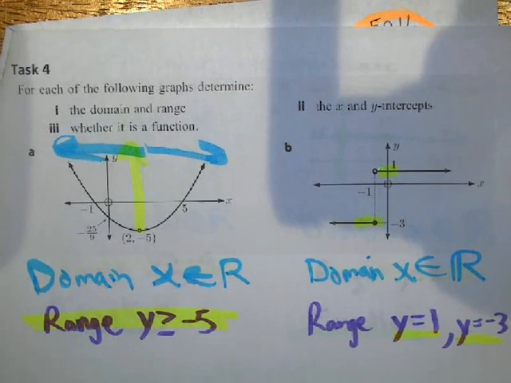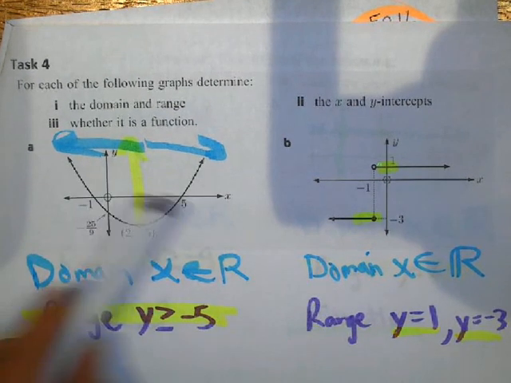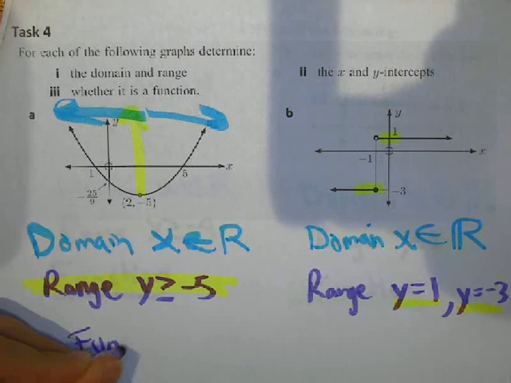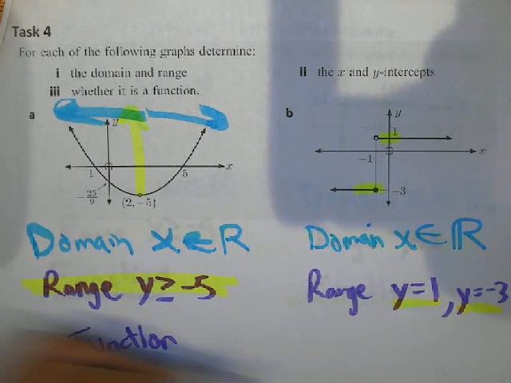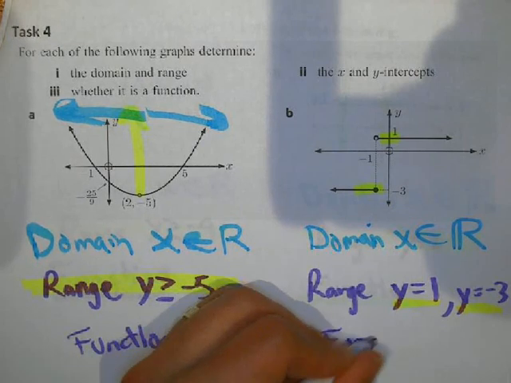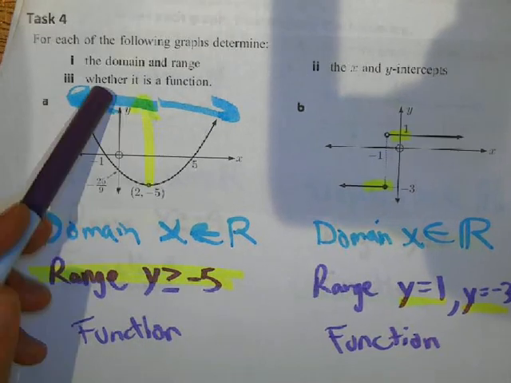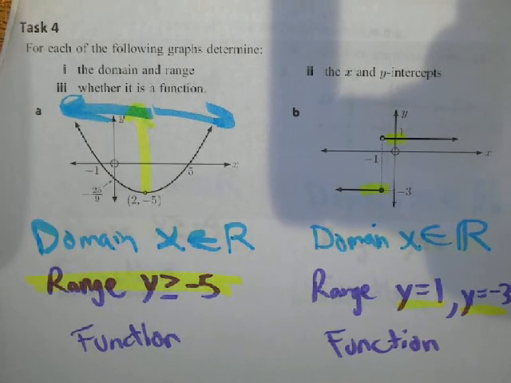Okay, is this a function? Both of these are functions. Why? They're both functions because for every x value, there is only one y value. I could do a vertical line test.